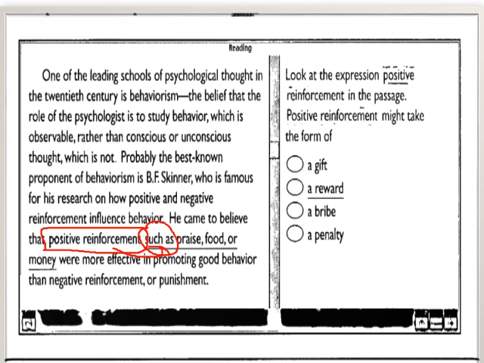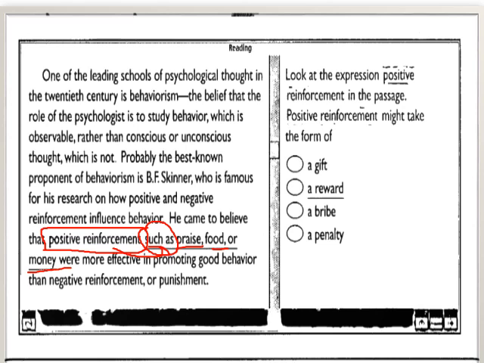Such as is an indication that here we have an example. So positive reinforcement such as praise, food, or money. Now here we do not have a direct meaning. Here we have examples, and from the examples we can guess the meaning.